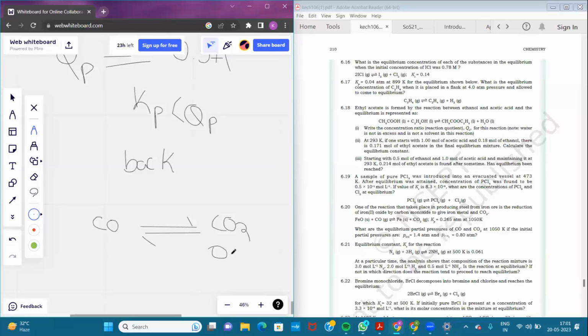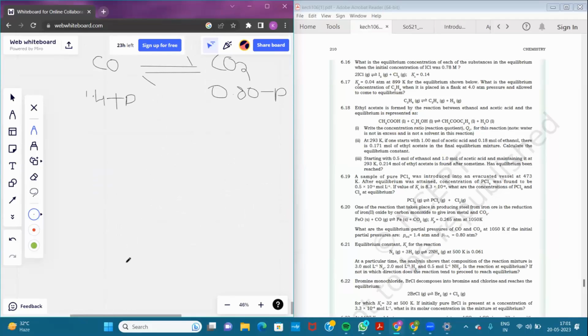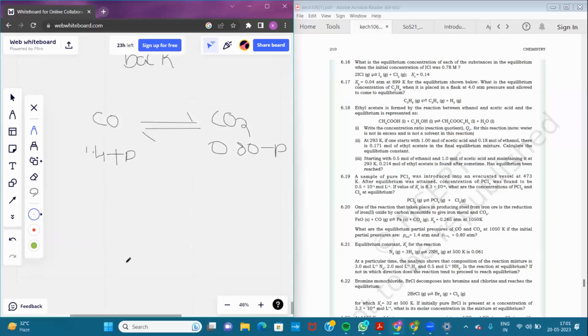Here, this is 0.80, consider it as minus P. This is 1.4. Always carefully read the question whether the given concentration or pressure is at equilibrium or any initial conditions. If both reactant and product concentrations were mentioned, then you need to check for Qc and Kc. If Kc is greater, then the reaction would proceed forward. If Qc is greater, then the reaction would proceed backwards.